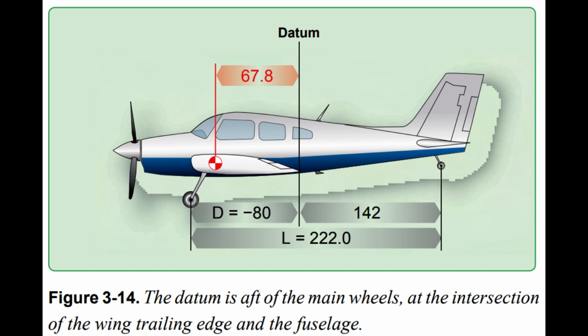Since the datum is aft of the main wheels, use the formula found in Figure 3.15. The CG is 67.8 inches forward of the datum, or 12.2 inches aft of the main gear weighing points. The CG is in exactly the same location relative to the main wheels, regardless of where the datum is located.